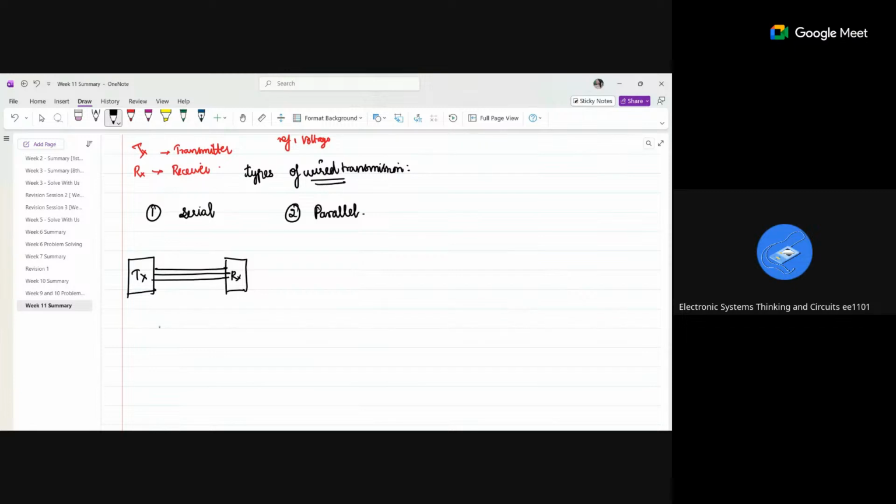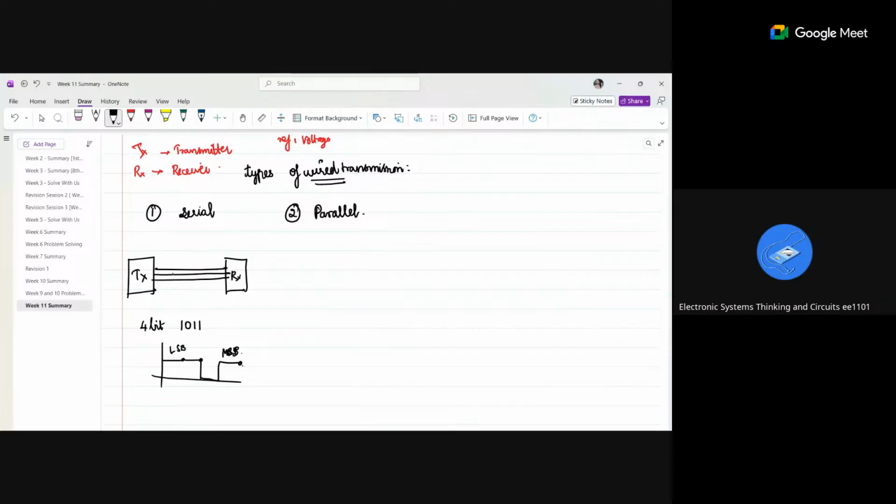That means the transmission will happen serially. If there is 4-bit data 1011, so if this is the LSB and this is the MSB, then it is 1 1 0 1. So this is the data and it will go one by one, right?